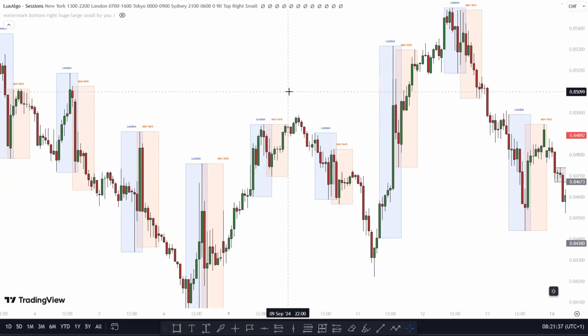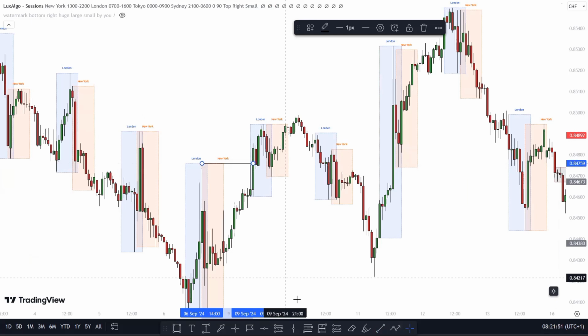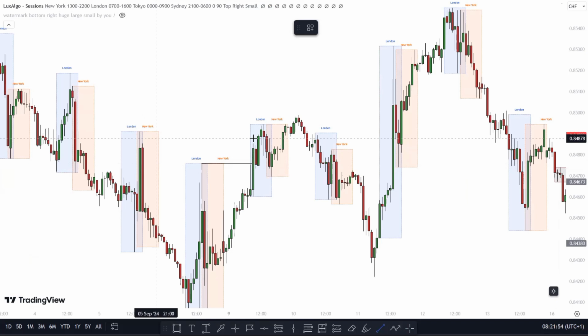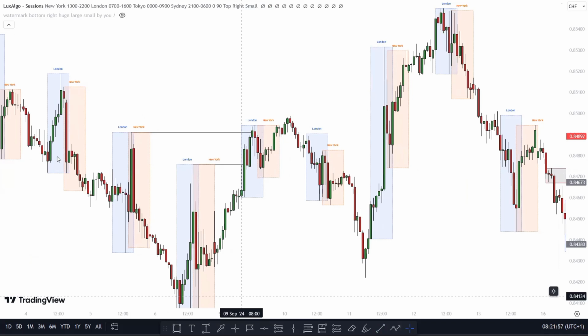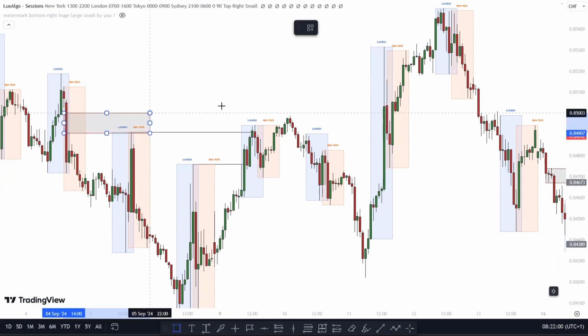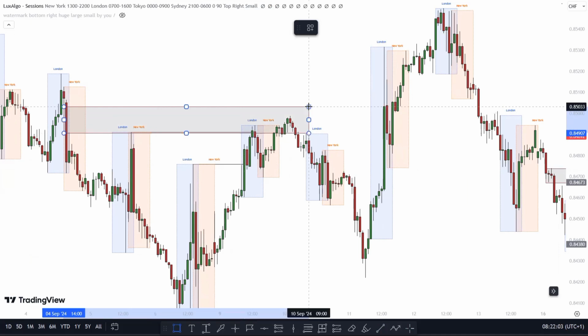All right. So in this case, we also see the same thing here. We see that the market took out liquidity from the previous day and did not just take out liquidity from the previous day, it also took out liquidity from the day before, which was right here. And then what do we see? We see the market come into a fair value gap right here, which is also close to the order block above there.